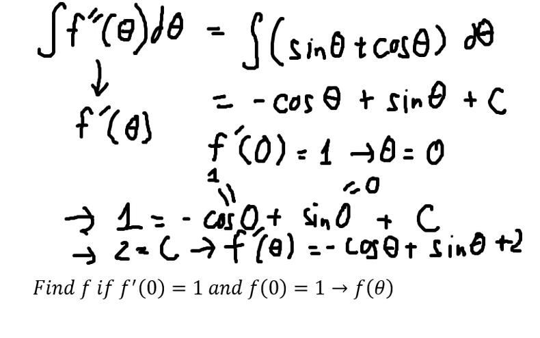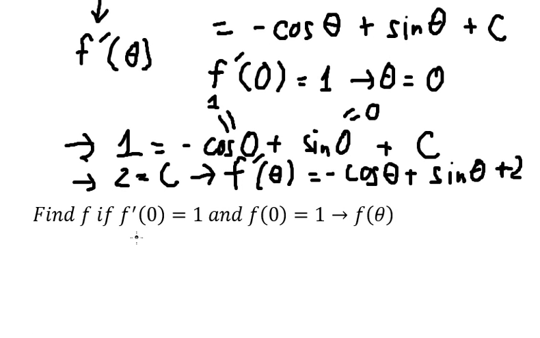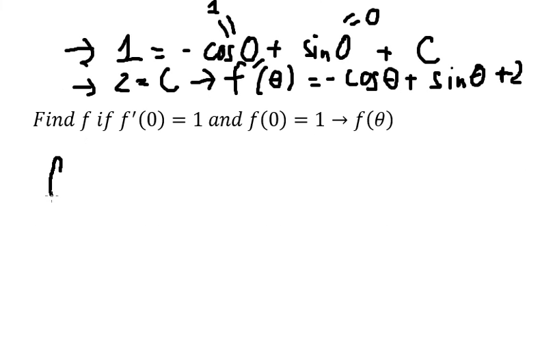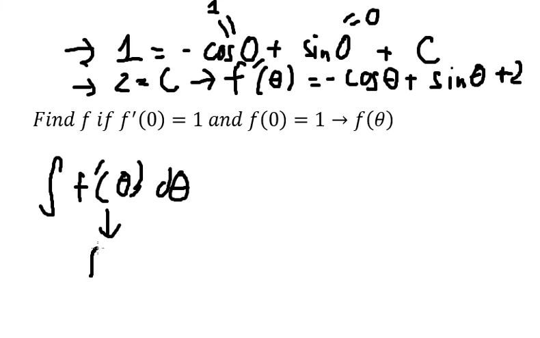Now, after we have this one, we can find the original function. To do this one, we continue using integration. And this one we will have the original function in here.